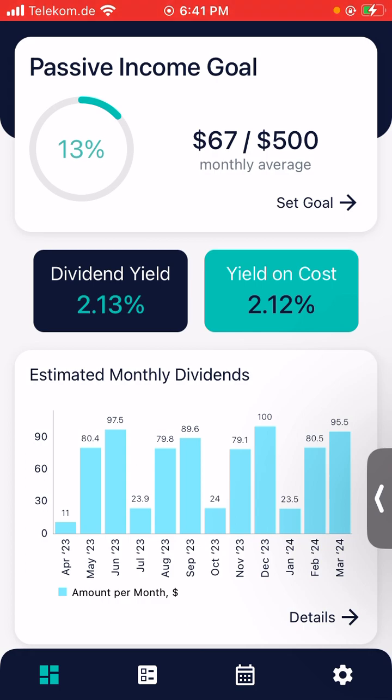So the app that I'm using is called Div Tracker, and this app is an interesting one. I have looked for many apps that would help me track my dividend portfolio in a very simple way to give me the information that I want. This is not a sponsored video. Div Tracker did not pay me to tell you what I'm going to say, but I find that in terms of passive income goal tracking, this is the best free app that I have found to date.